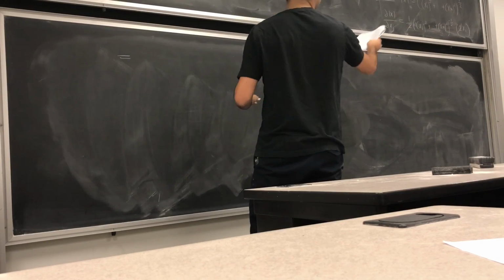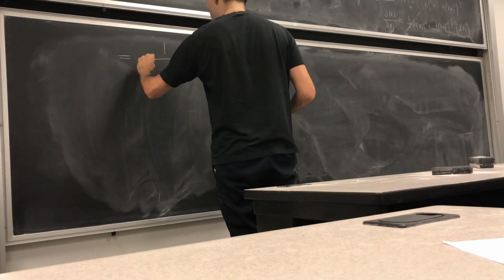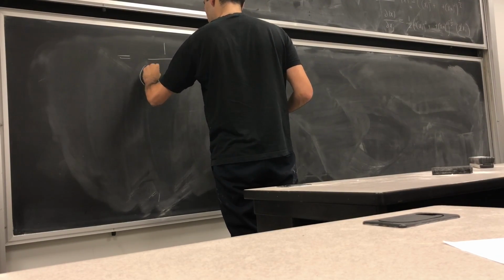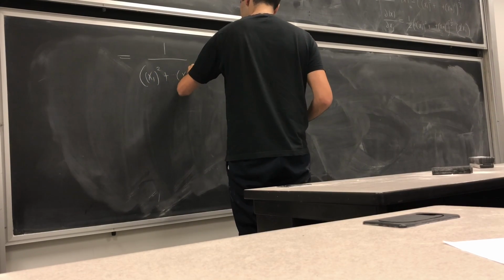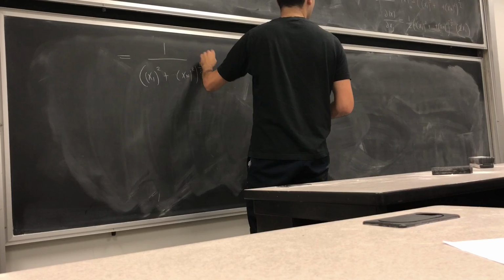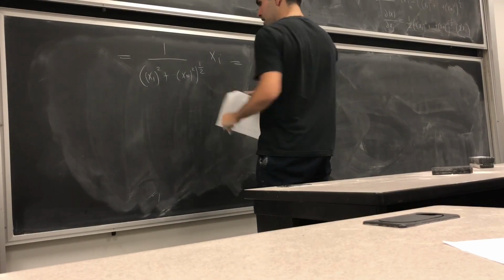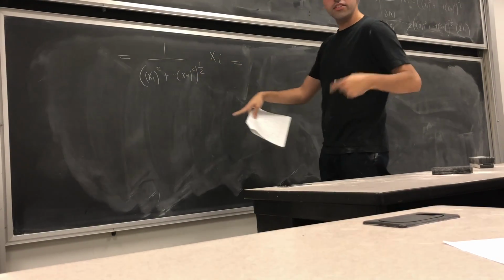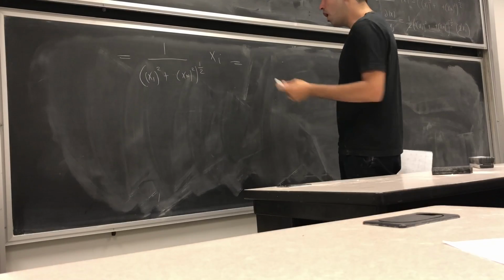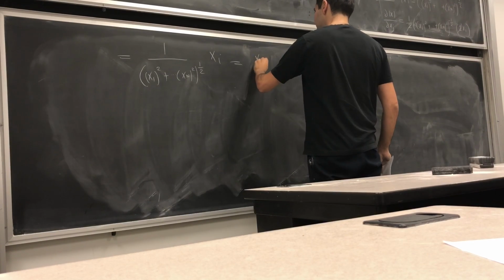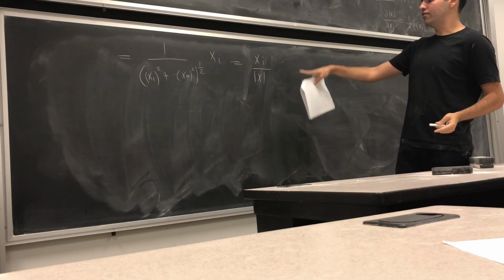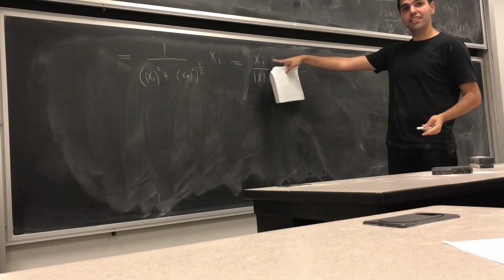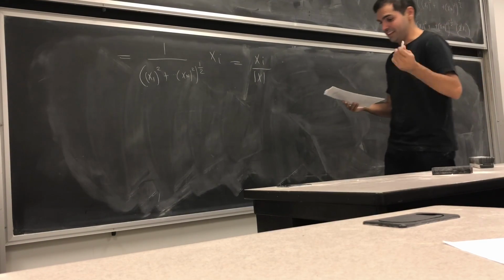Because, in fact, this equals 1 over the square root of x1 squared plus blah blah blah plus xn squared, times xi. But this thing in the denominator is nothing other than the absolute value of x. So in the end, the ith derivative of absolute value of x is just xi over absolute value of x.